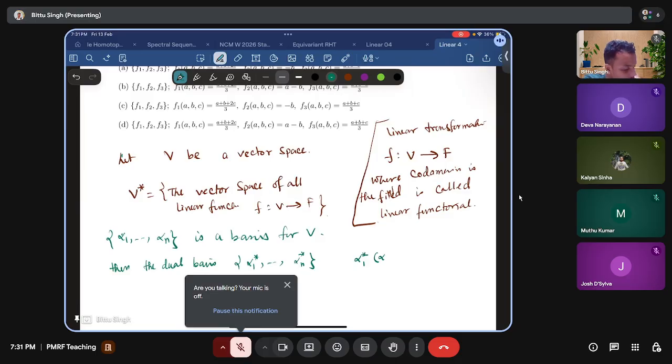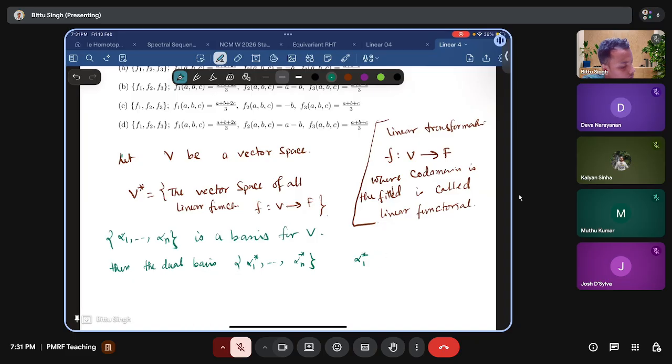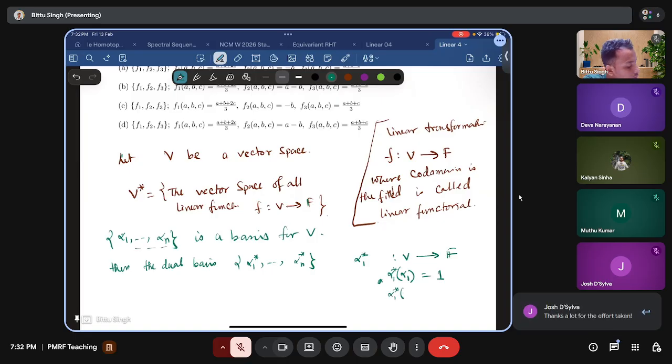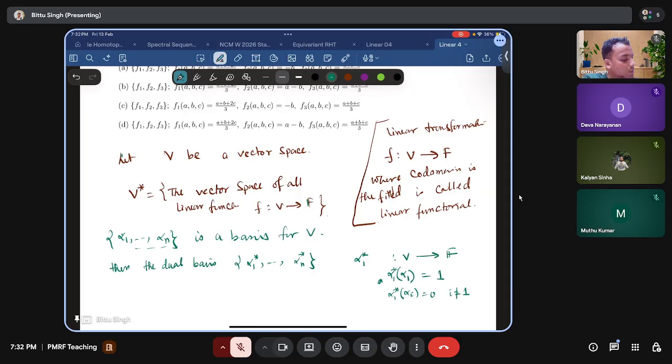Those are actually linear functionals. So alpha 1 star is a map from V to the field F, which sends alpha 1 to 1 and every other basis vector to 0. Alpha 1 star alpha I equals 0 when I is not equal to 1.